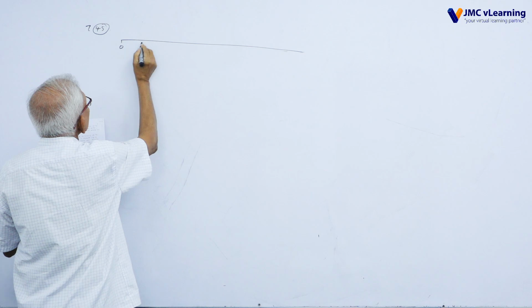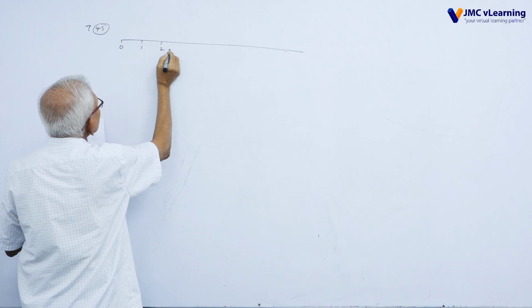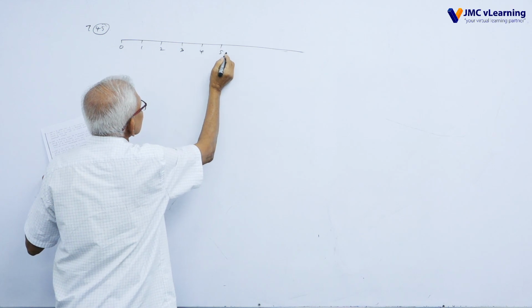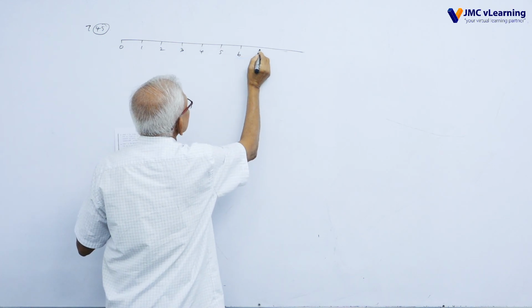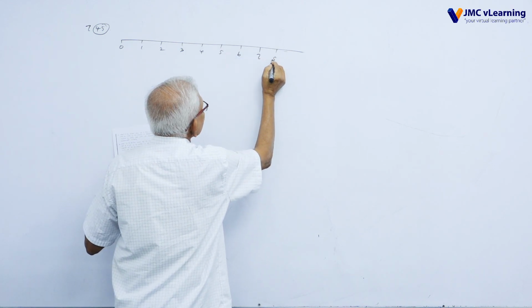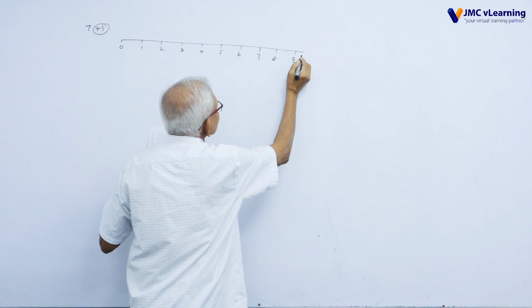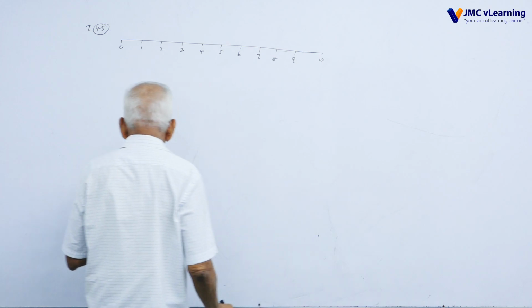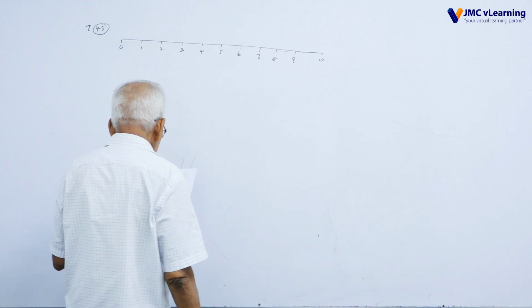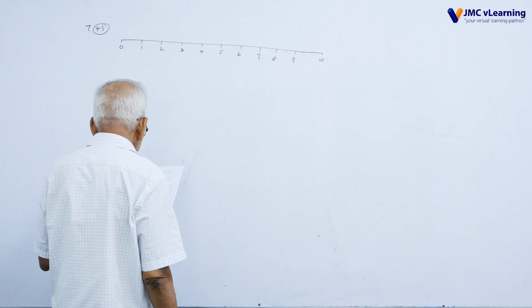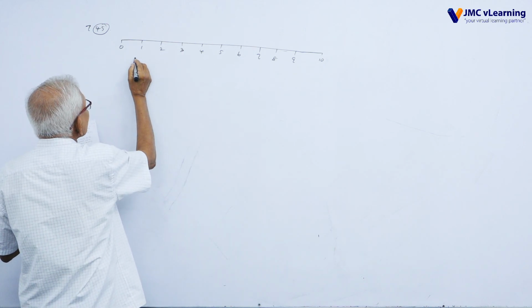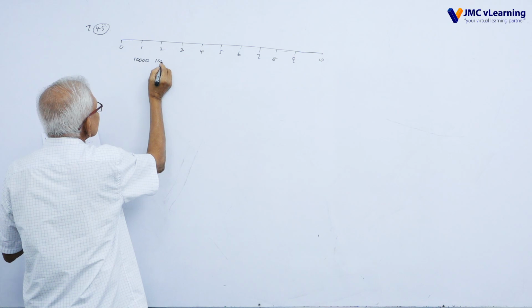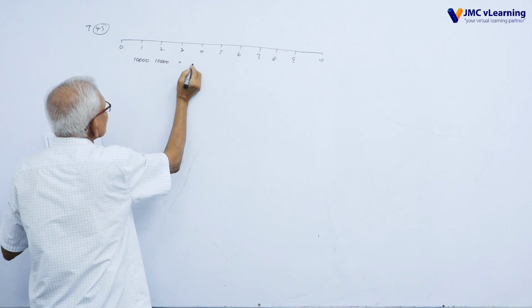Zero, 1, 2, 3, 4, 5, 6, 7, 8, 9, 10. The annuity pays 10,000 at the end. Put 10,000 here, and then put some commas.